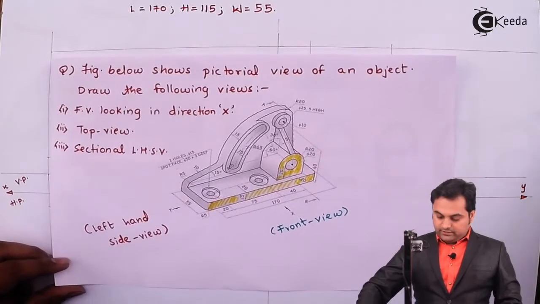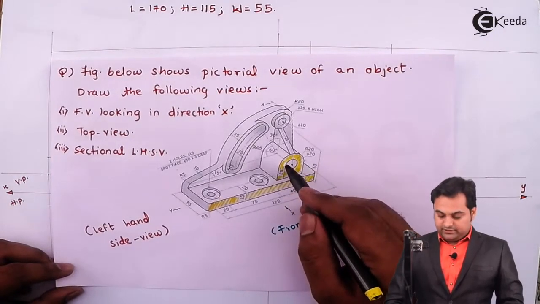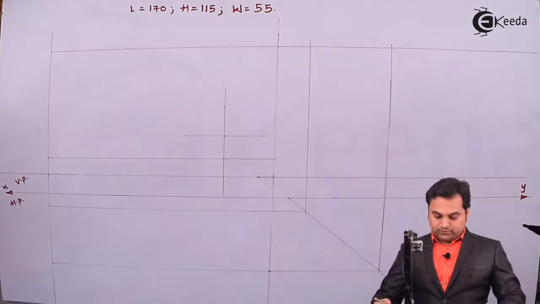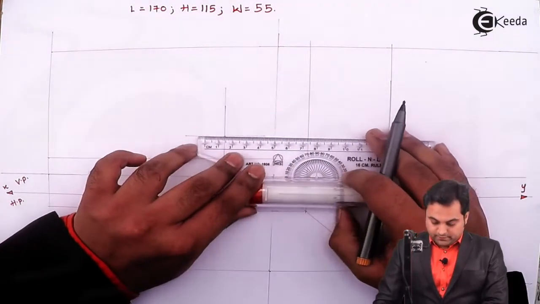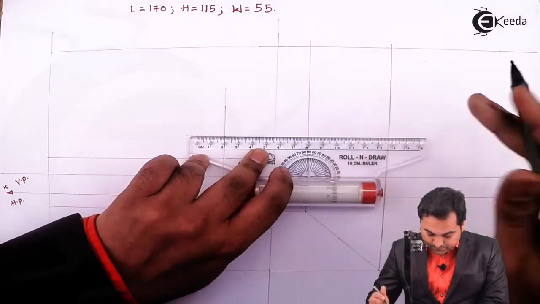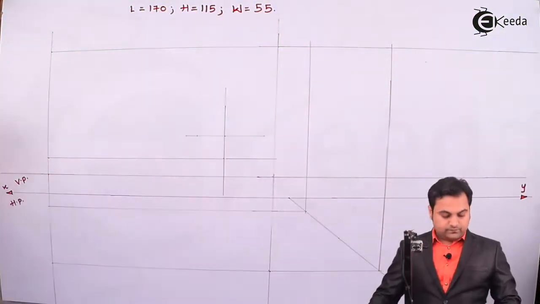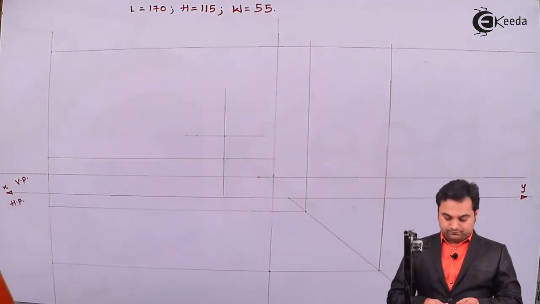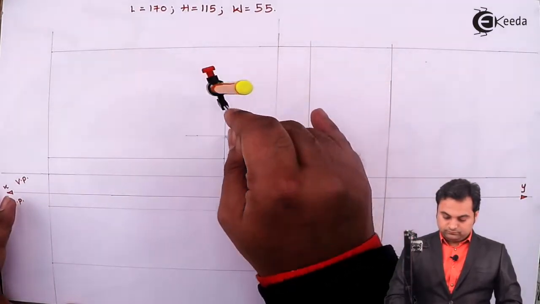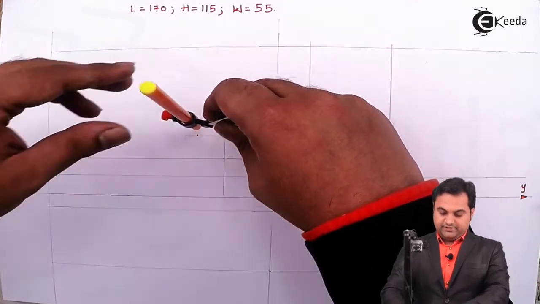Here there are two portions. One is the semicircle, other is the internal circle. The semicircle is having radius 20 mm. So from this center I'll take 20 mm distance as the radius, keeping this center this much as the radius.